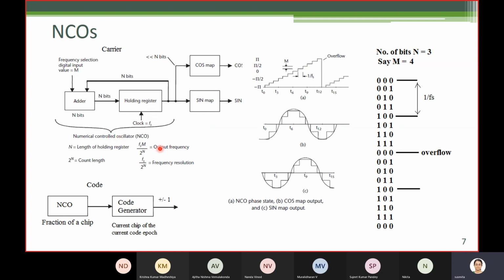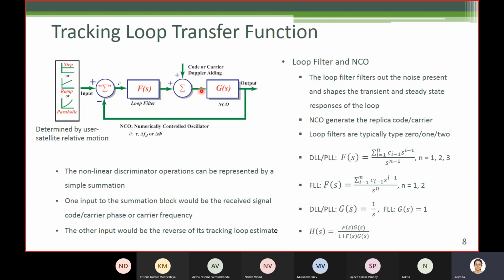Since the output frequency is proportional to capital M, we can say that some frequency correction is sent by the loop filter to the NCO.